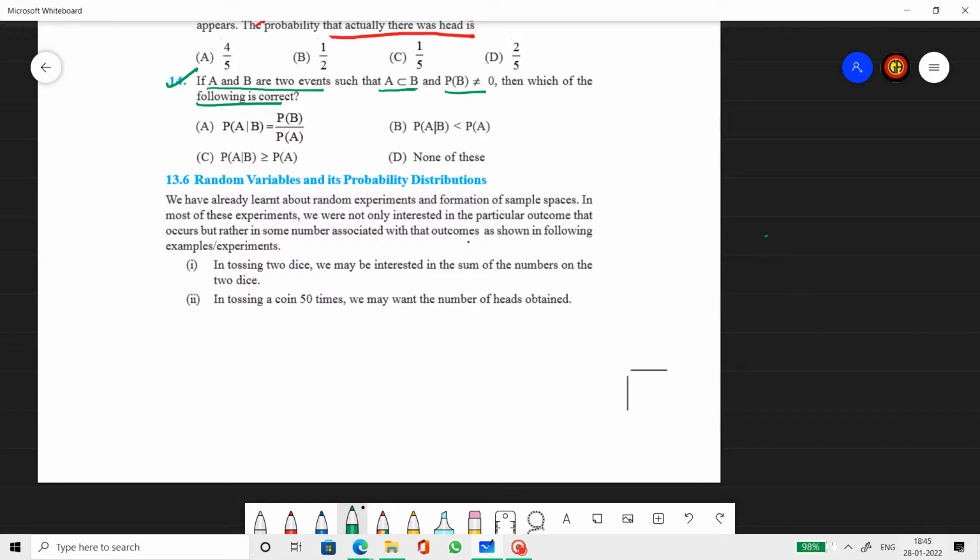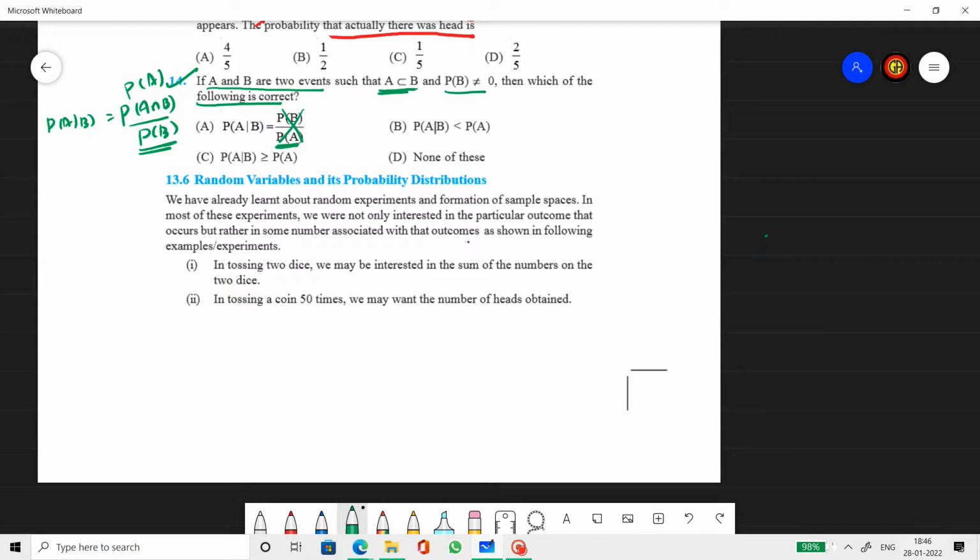So the first says P of A given B is P of B by P of A. But P of A given B is P of A intersection B by P of B. So first and foremost, the denominator is wrong. Also, A intersection B will be A because A is a subset of B. Hence, it should be P of A by P of B, not P of B by P of A. So that is the reason the first one is incorrect.